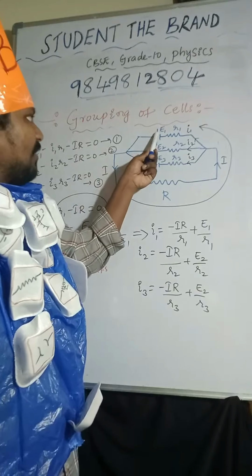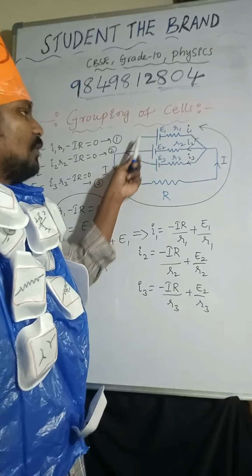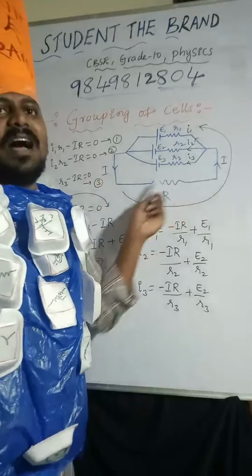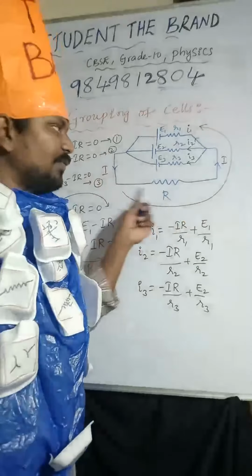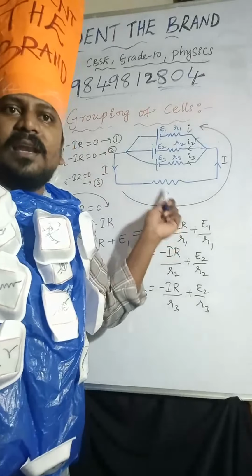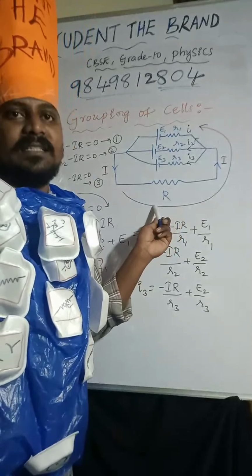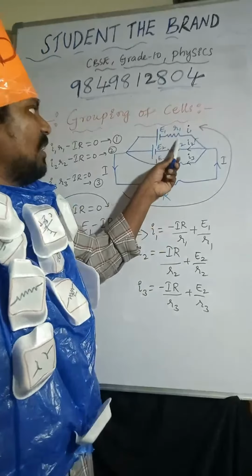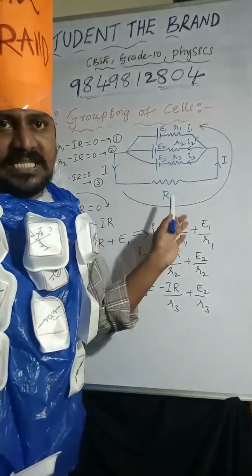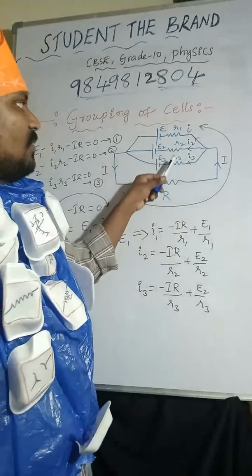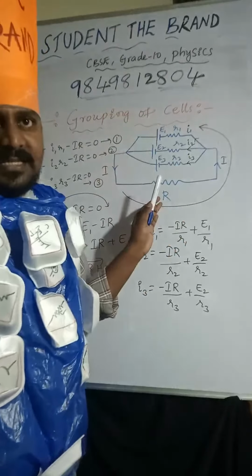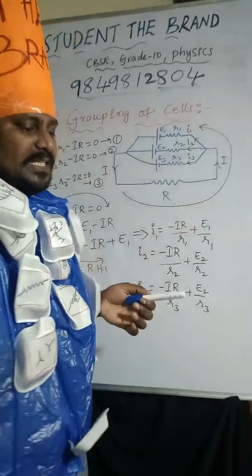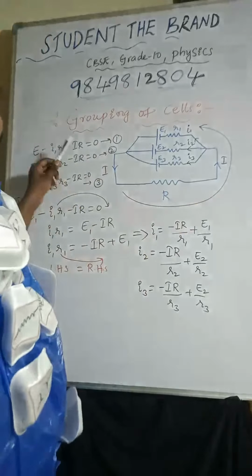Because I1 plus I2 plus I3, the total current is added and the net current flows through capital R. Capital R is the total net external resistance. R1, R2, R3 are the internal resistances. So capital R is the net external resistance. That is the reason.